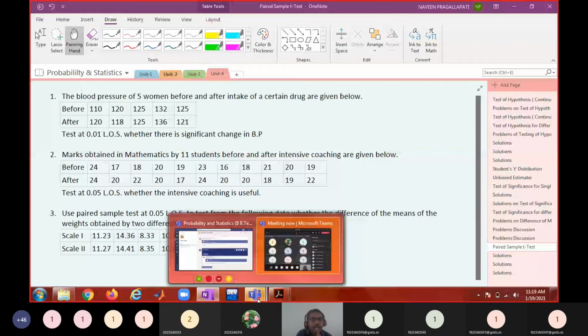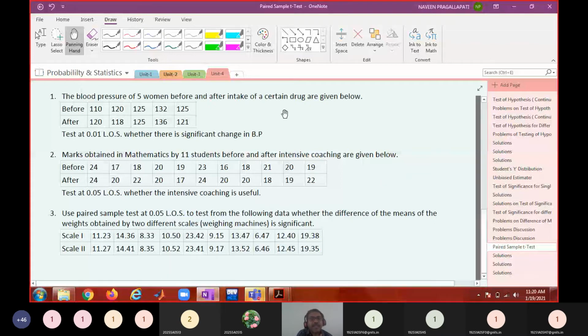In the previous problem, the drug will be effective when the mean is negative. But here the coaching will be useful when the mean is positive. Am I right? So quickly find out these differences and their mean. Mean of the differences. Do it.